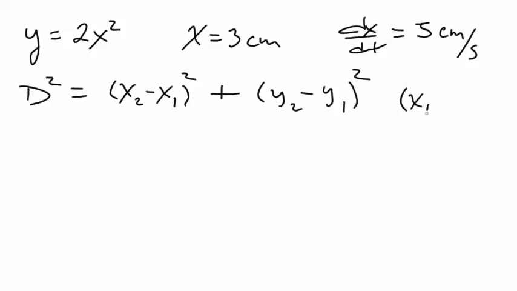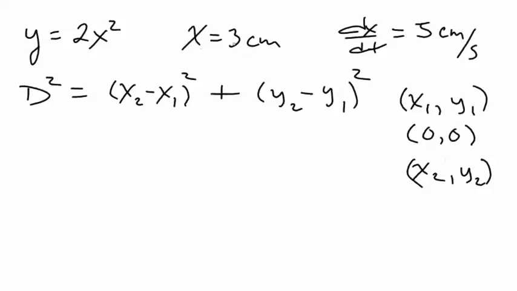We'll just write it right here. x of 1 and y of 1 is at the origin, right? It's set at the origin. And then x of 2 and y of 2, well, they gave us 3. And then of course for y of 2, we're going to take this 3 and plug it in over here. 3 squared is 9, and 9 times 2 is 18.